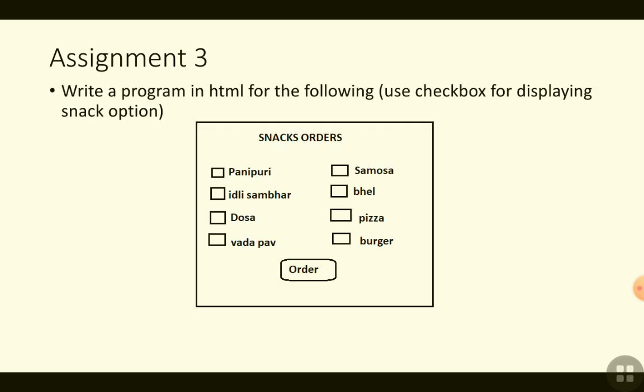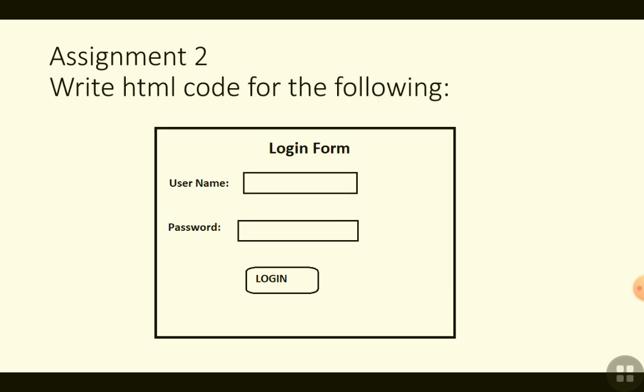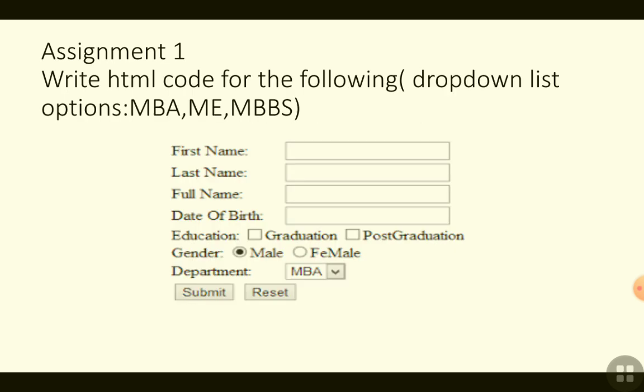Then this is assignment 3. You have to display snacks orders. You have to use checkboxes for displaying the snacks options. So the boxes you see are checkboxes, and then finally the order button, same input type equal to submit, value is order. So snacks order is displayed over here. You can use the h1 tag. Here for the login form you can use the h1 tag.